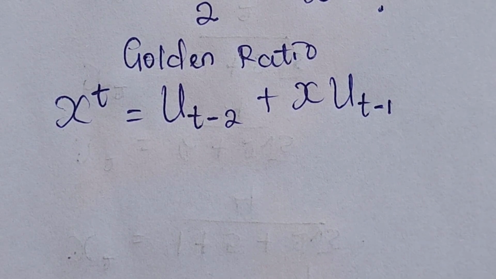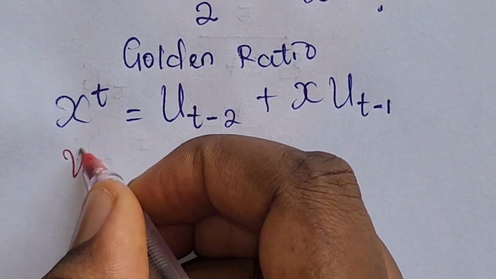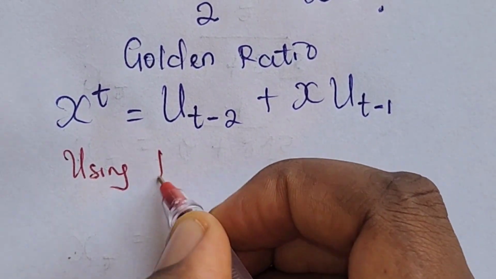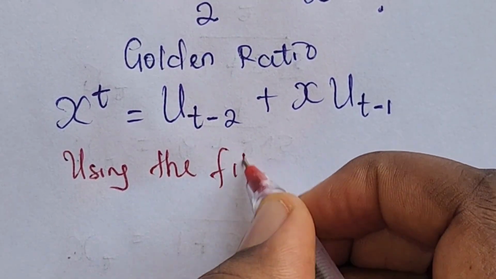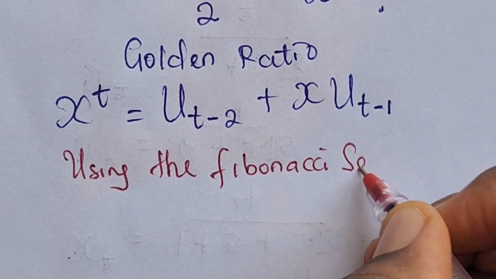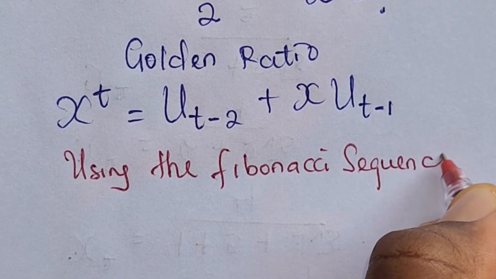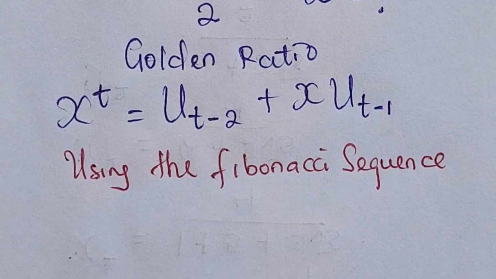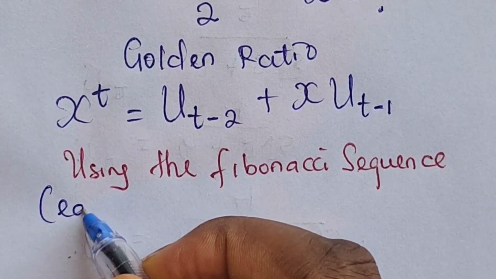We use the Fibonacci sequence. We said that each number is the sum of the two numbers before it.